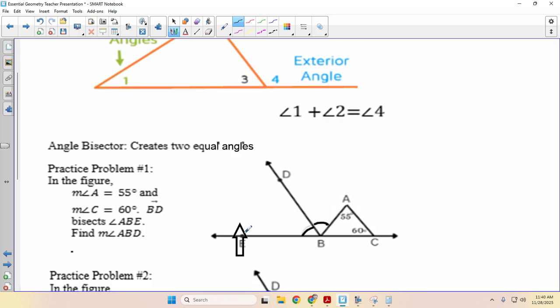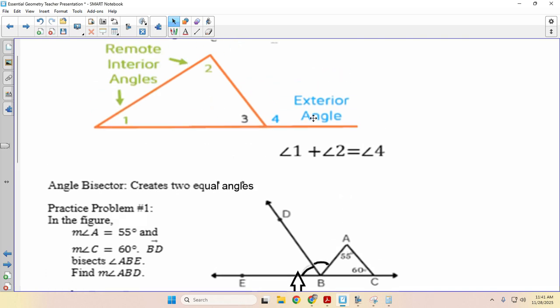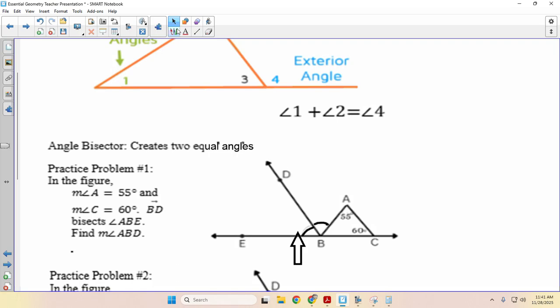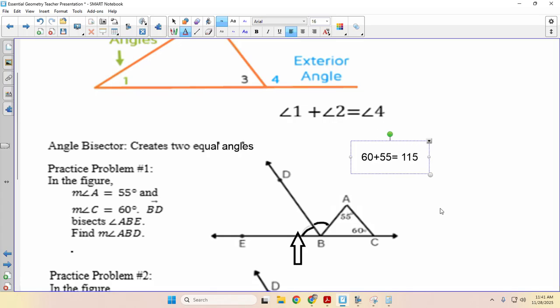So what we're going to do is we're going to find the big exterior angle and divide by 2. So we're going to use this exterior angle theorem. Angle 1 is going to be 60, angle 2 is going to be 55. So we're going to go 60 plus 55. And 60 plus 55 is 115.